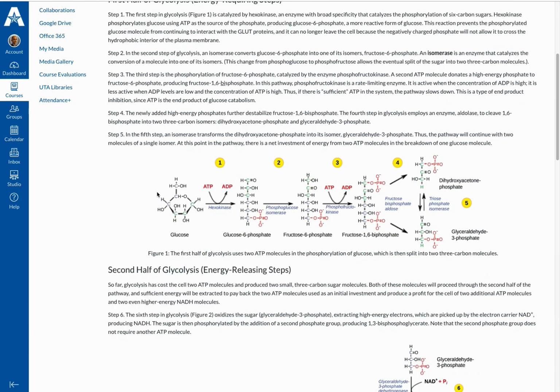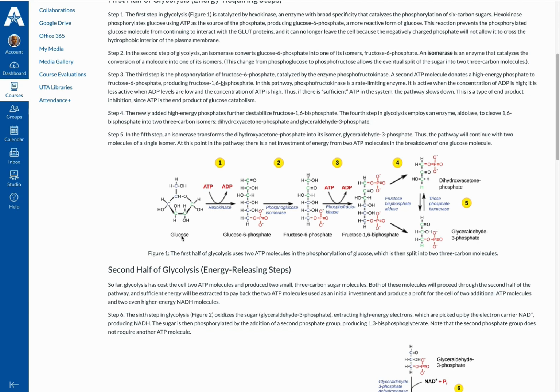So glycolysis, of course, starts with glucose. Makes sense, the name, glycolysis, glucose. And to actually get this started, we need a little bit of ATP to jumpstart this reaction. So we actually need 2 ATPs to jumpstart this reaction.